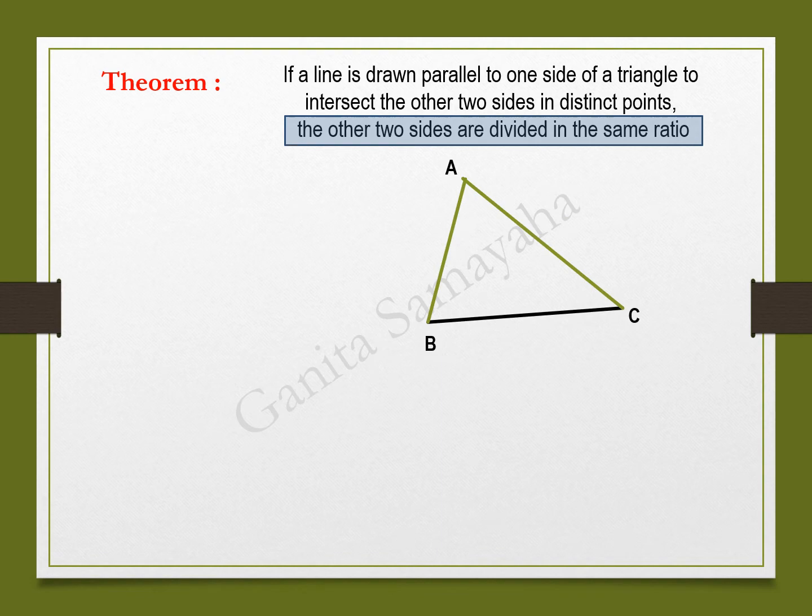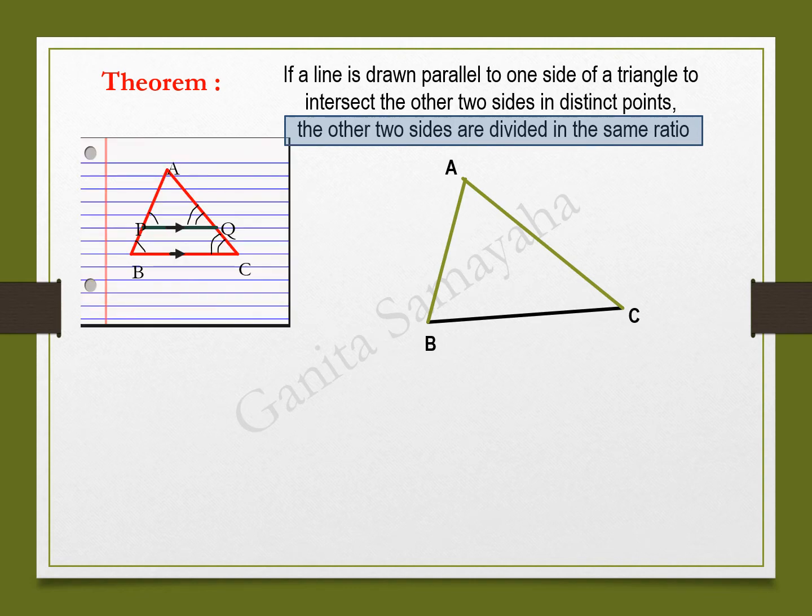But from where did we get this statement? Just recollect the activity that we did. What did we do in that activity? We drew a triangle and we drew a line parallel to one side of a triangle. The same thing. We know that any theorem has got two parts, the hypothesis and the conclusion. Whatever we did and whatever is given to us is the hypothesis.